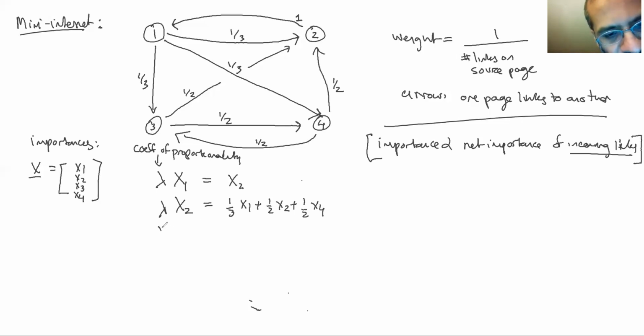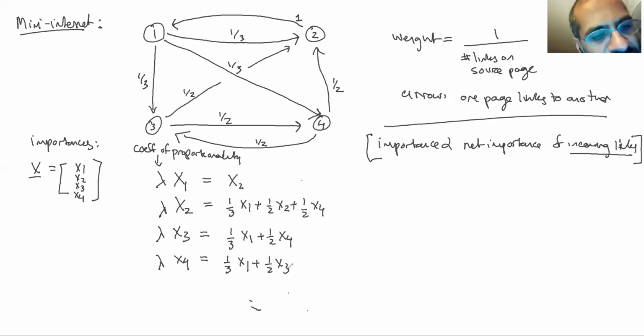And now, lambda times x3 is equal to a third times x1 plus a half times x4, and lambda times x4 is equal to a third times x1 plus a half times x3.